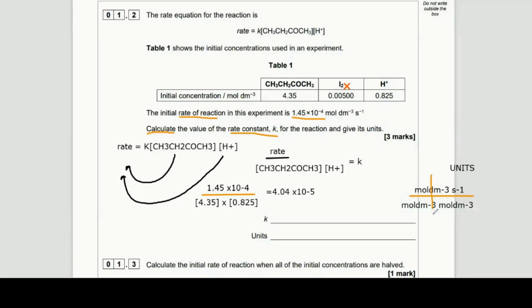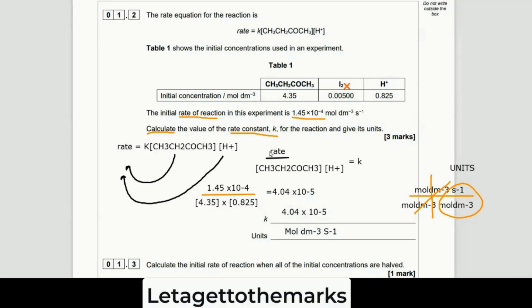Now, because I've got 2 mol dm minus 3s, I can just cross them out. So essentially, I'm dividing s minus 1 by mol dm minus 3, and that's going to give me mol minus 1 dm 3 s minus 1. So the units are mol minus 1 dm 3 s minus 1, and the answer for K is 4.04 times 10 to the minus 5, and that will get you all 3 marks, which is lovely jubbly.